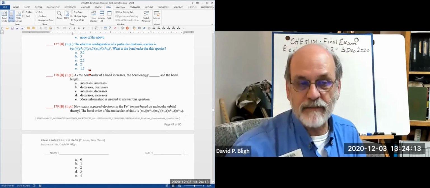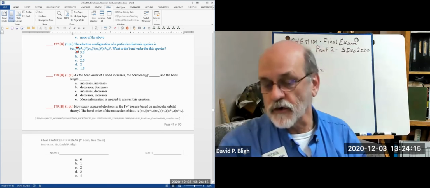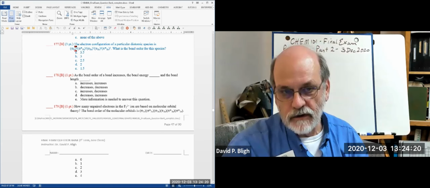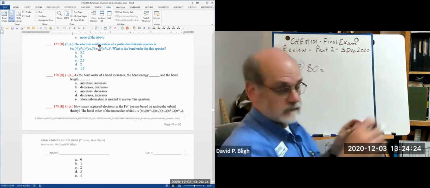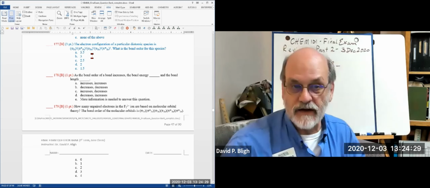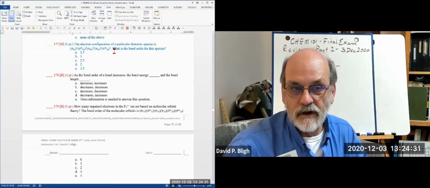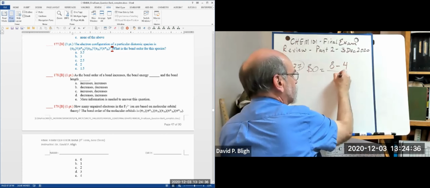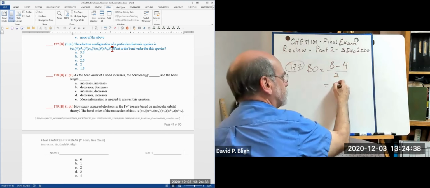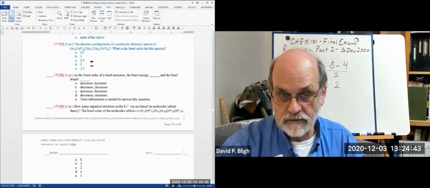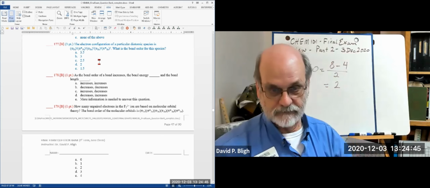How many bonding do we have? Look for the ones that don't have an asterisk. Those are bonding. This one has 2, this one has 2, so that's 4, plus 4 is 8. Then the anti-bonding: this one has 2, this one has 2, so that's 4. Divided by 2 equals 2. The bond order of this molecule is 2. Answer is D. That was really simple.